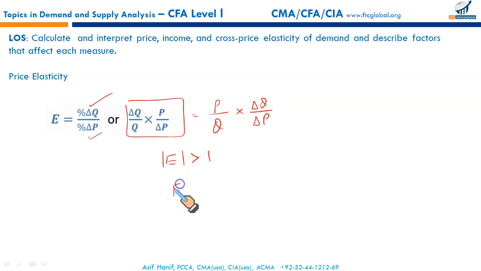If the price elasticity of demand is less than 1, that means relatively inelastic.